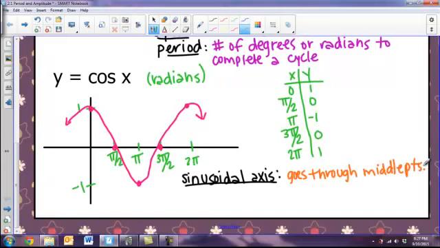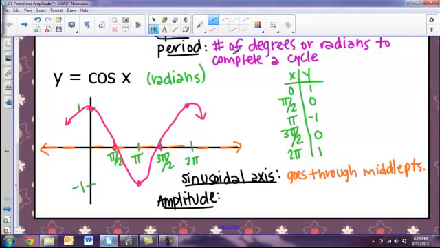If I'm thinking about where the middle points of this graph are, not the high or the low, this one happens to be the x-axis. It's not always going to be the x-axis. Once we start talking about vertical shifts and maybe horizontal shifts, it'll move up and down, but for right now, my sinusoidal axis goes through those middle points. The other thing we need to know relating to the sinusoidal axis is the amplitude.